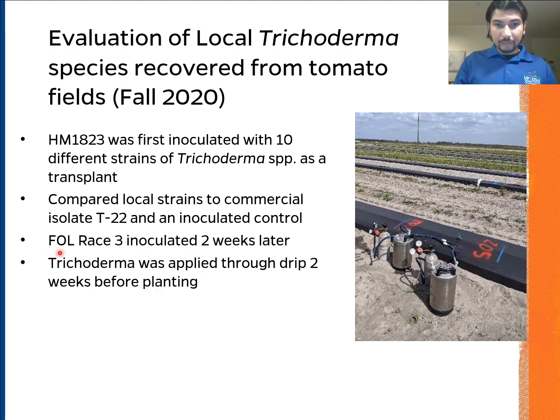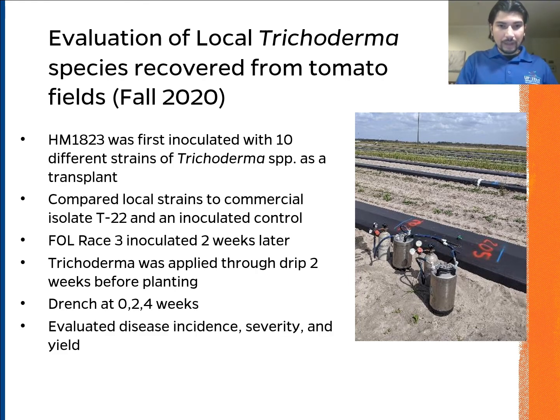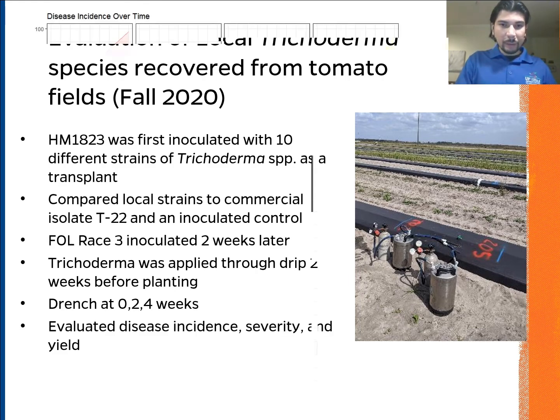And at the same time, before the plants went in, we applied the same Trichoderma to the plots 2 weeks before planting, like a pre-plant drip application. Then we followed up with drenches at 0, 2, and 4 weeks to try to ensure that the Trichoderma species of interest was in the soil. And we evaluated disease incidence, severity, and yield.